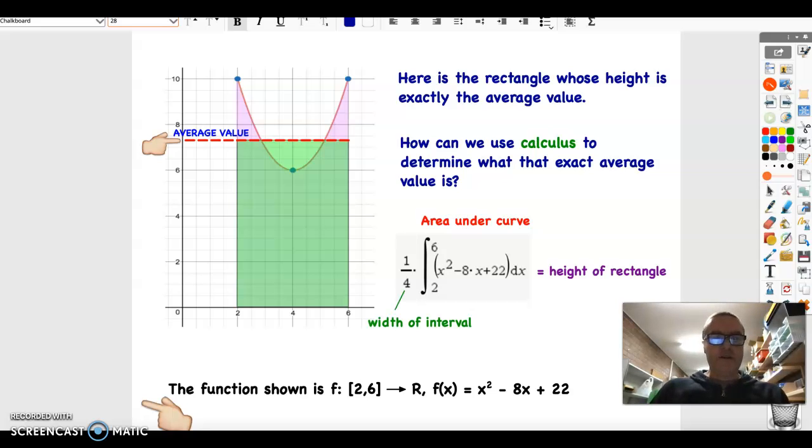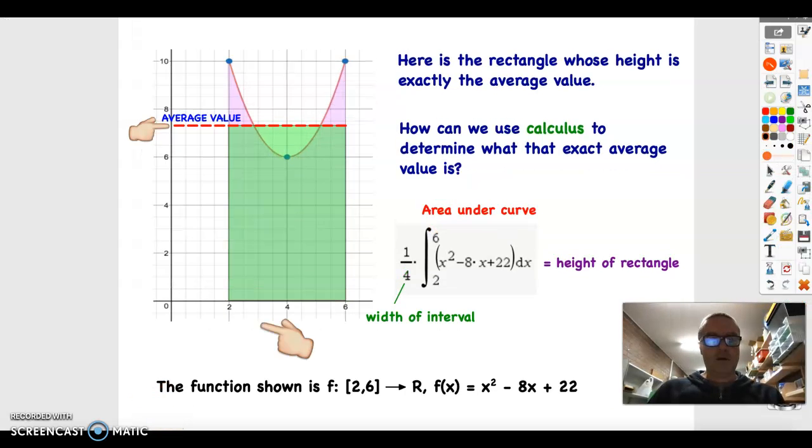If I divide that area by the width of the rectangle, from x equals 2 to x equals 6, I've got a width that's equal to 4. So 1/4 of that area, or that area divided by 4, is going to give us the height of the rectangle, which is our average value.